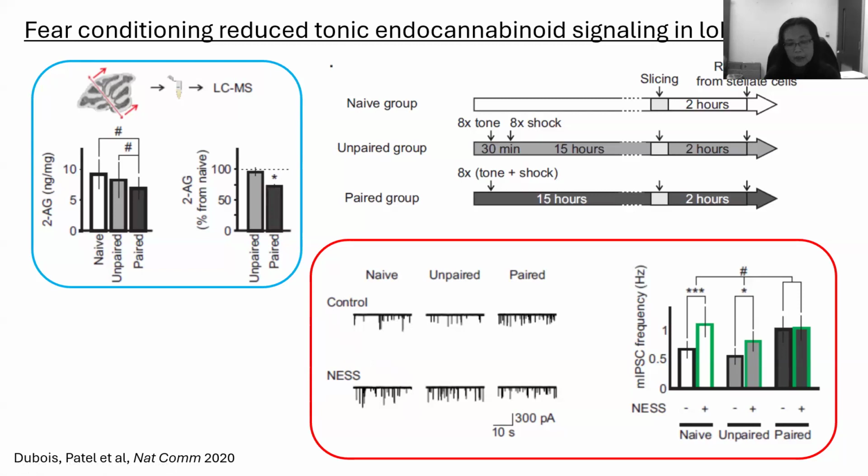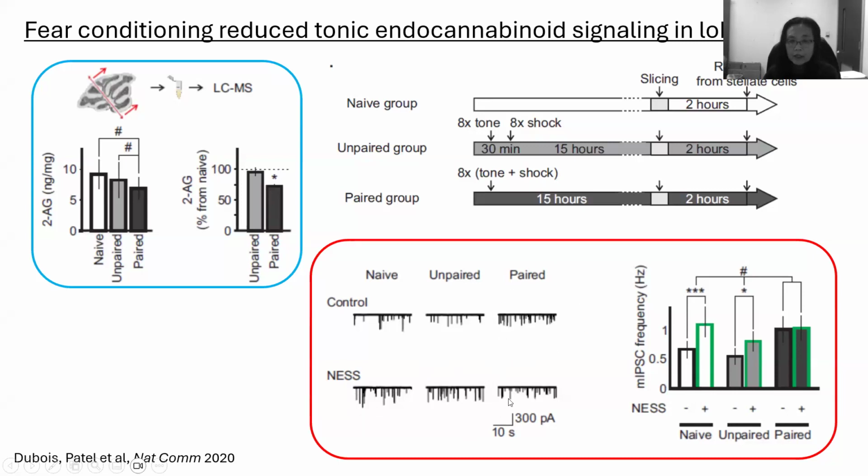You can see that when we apply NESS, the number of IPSCs increases. So the miniature IPSC frequency actually increased, probably nearly doubled. And the same thing happened in the unpaired animals.